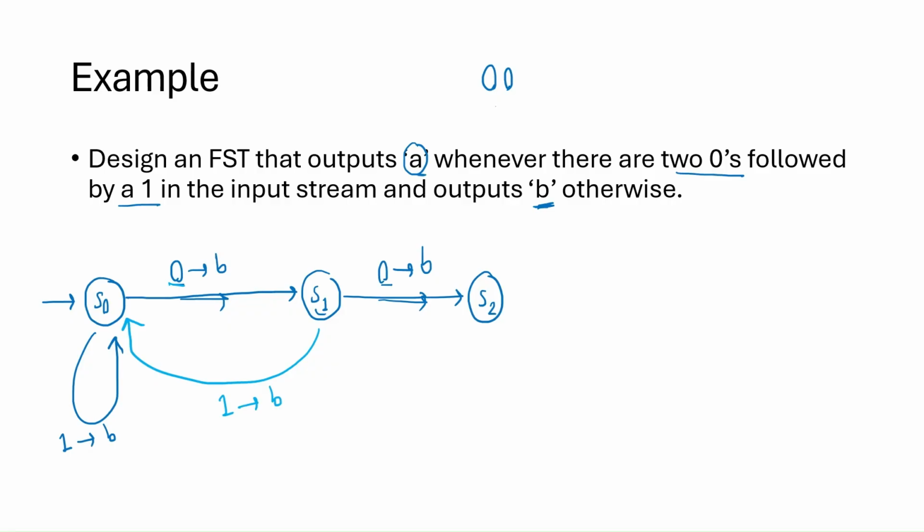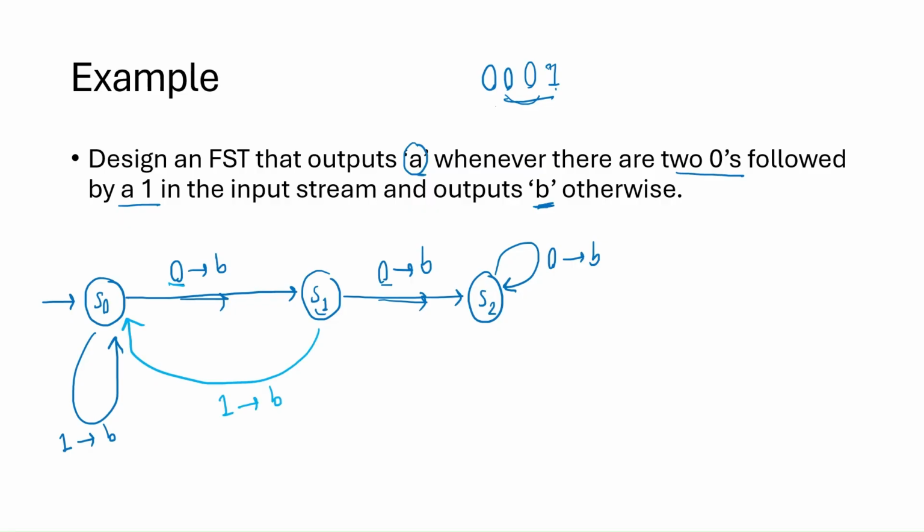But if I see a 0 instead, then that doesn't give me what I'm looking for, 0, 0, 1, but I'm still seeing two zeros as the last symbols and waiting for a 1, which means that I'm still here. So with a 0, that doesn't give me the 0, 0, 1, so I output a B, but I stay put, waiting for that 1 to give me the full pattern.